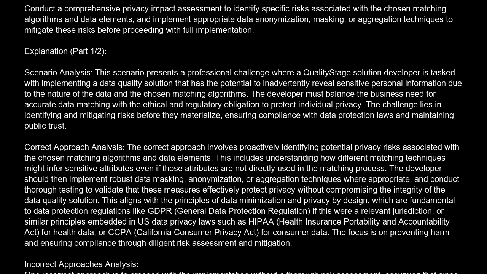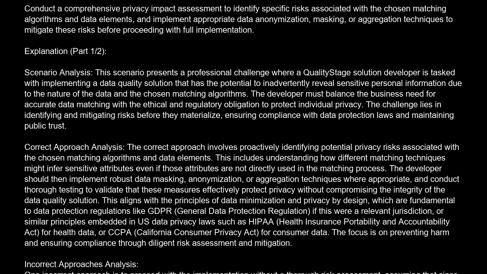Explanation. Scenario analysis. This scenario presents a professional challenge where a QualityStage solution developer is tasked with implementing a data quality solution that has the potential to inadvertently reveal sensitive personal information due to the nature of the data and the chosen matching algorithms. The developer must balance the business need for accurate data matching with the ethical and regulatory obligation to protect individual privacy.